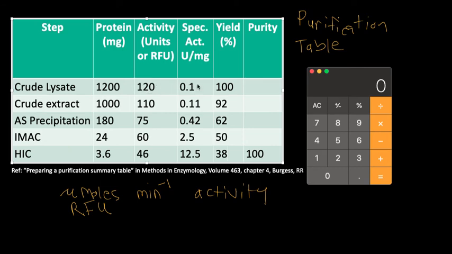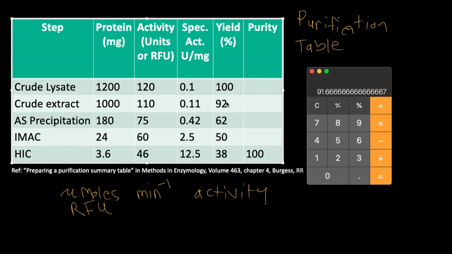For the first step, it's 100% because we divide 120 by the total, which gives us 1, and multiplying times 100, we get 100% yield. Now, if we take the next value, we take 110 and divide that by 120, which is the total, and then multiply times 100, and that gives us 91.66, which we'll round up to 92%.